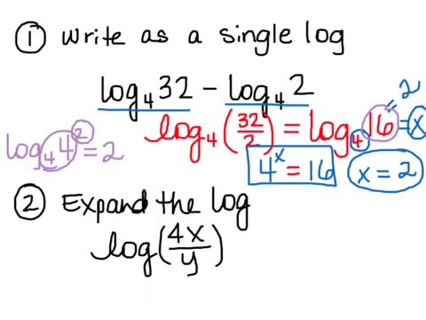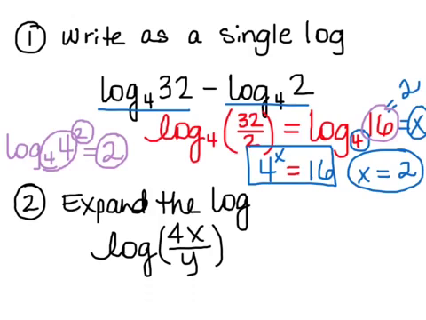So that was using one of the other rules, and we would have gotten the same answer. Many times in these problems, just like with exponent problems, we are able to get there several different ways depending on which laws we decide to use first. But either way, you should get the same answer.